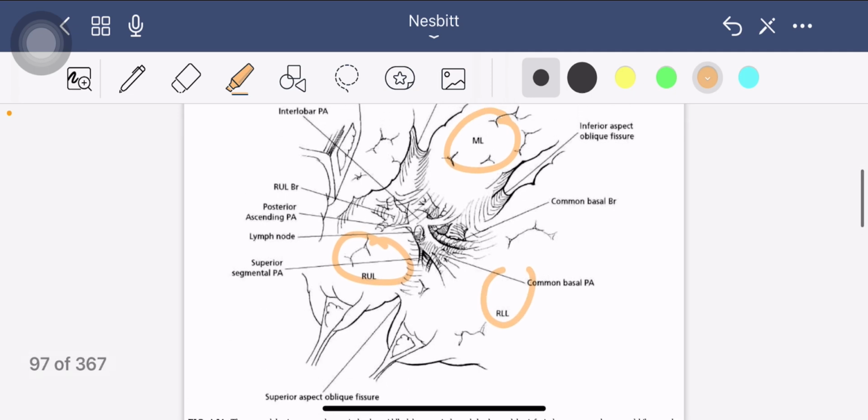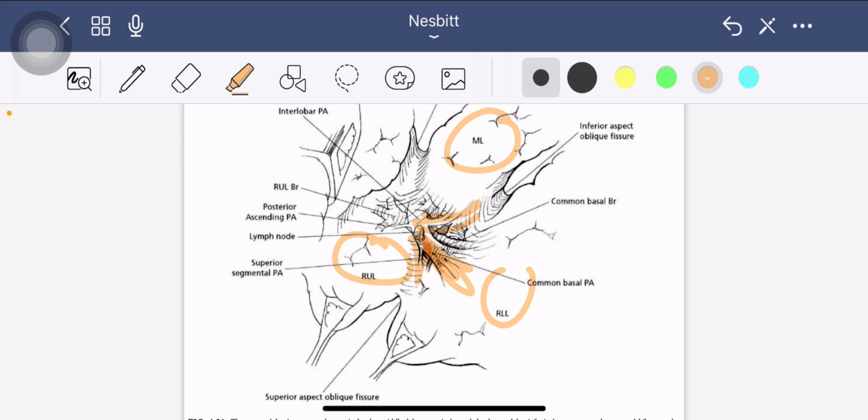So this is the minor fissure, this is the right upper lobe, this is the middle lobe and lower lobe. This is the common basal pulmonary artery, and this is the superior segmental pulmonary artery.